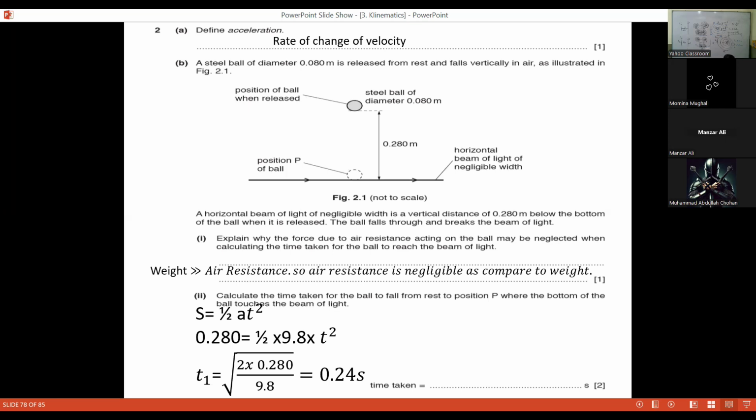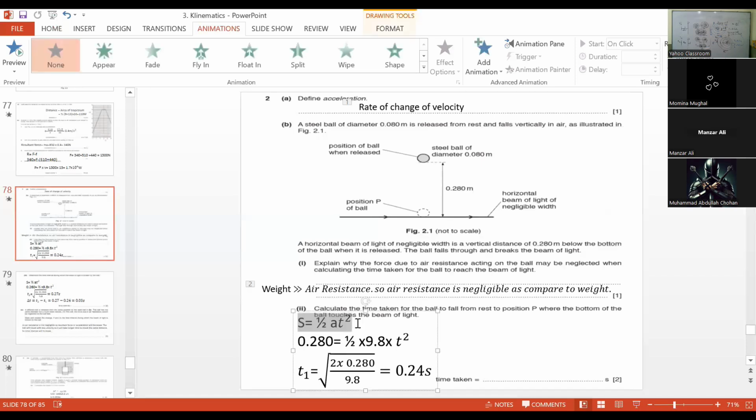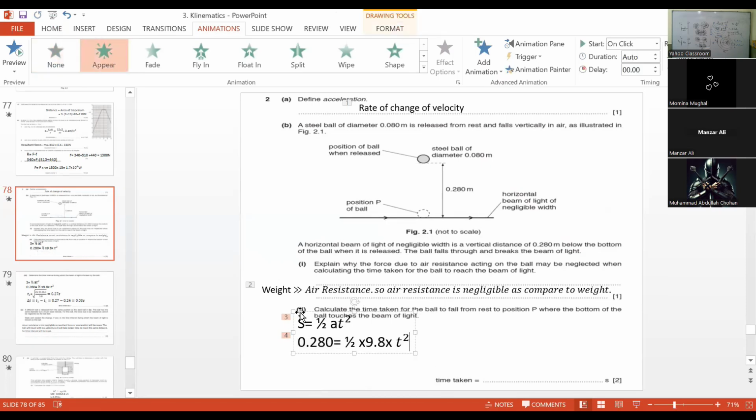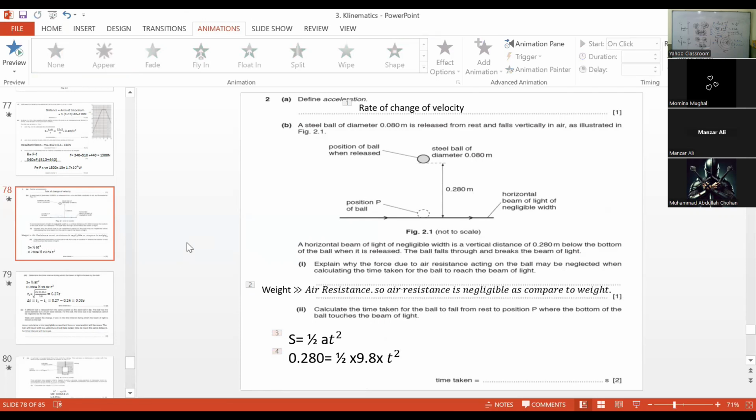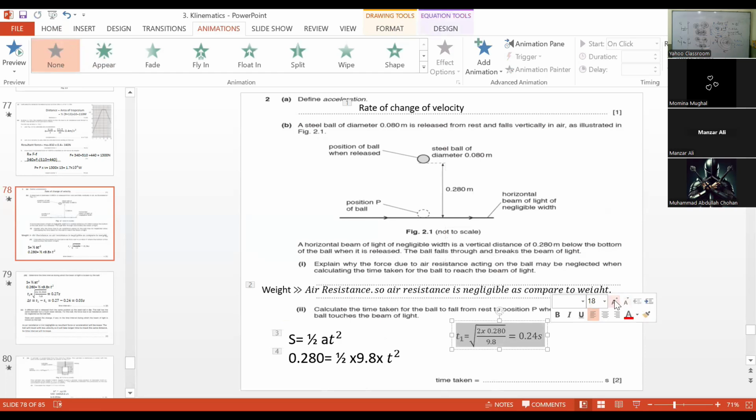And using that, we can find out the value of T. From there, I will make T as my subject. So I get T is equal to under root 2 into distance divided by acceleration. And from there, I get the value of T as 0.24 seconds.